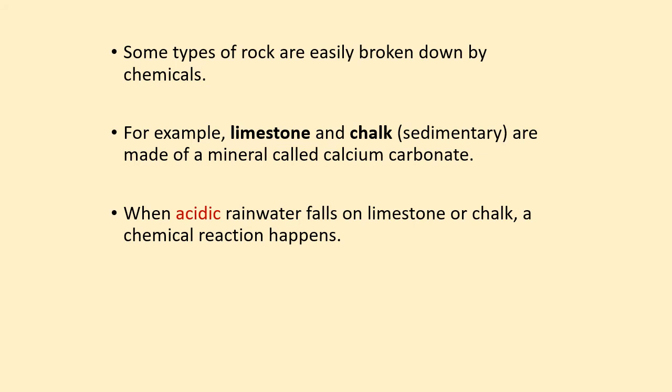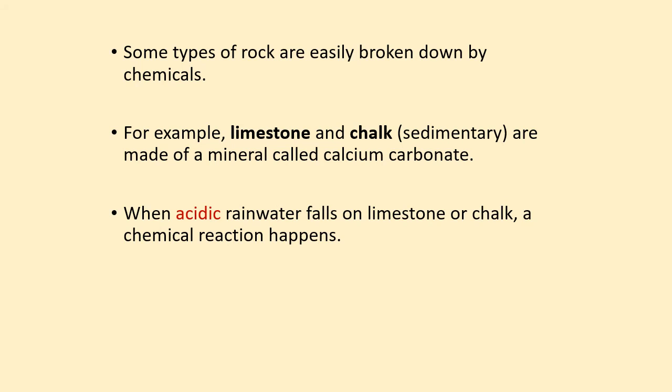Now, some types of rock are easily broken down with chemicals. You'll have seen this if you did this experiment in class and tried the acid on some rocks. You'll see that you got fizzing with some of the rocks, like limestone and chalk. That is because limestone and chalk, which are sedimentary rocks, are made of calcium carbonate, and calcium carbonate will react with acid. And so if acid rain falls on anything made out of limestone or chalk, a chemical reaction will happen.